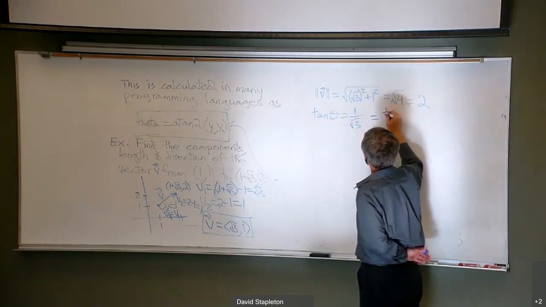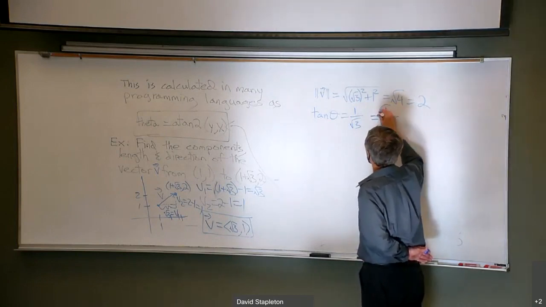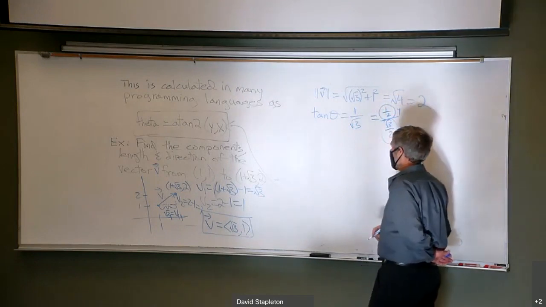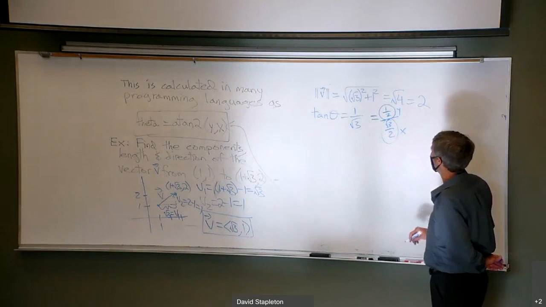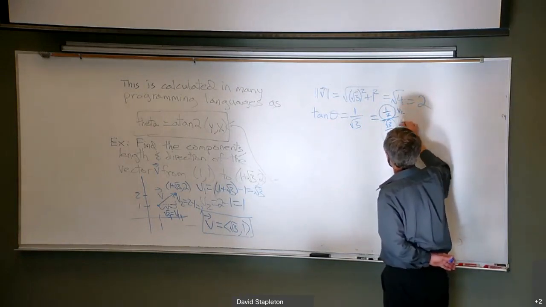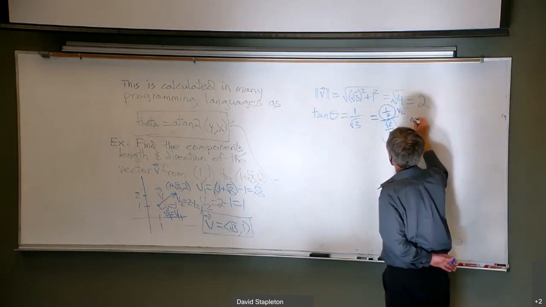What you do is you recognize that if you divide the top and bottom by 2, 1/2 over square root 3 over 2 is a point on the unit circle. Maybe this is y, and this is x for theta, or V2 and V1, I guess I'm better saying for the vector, y and x components. Or what else could happen?